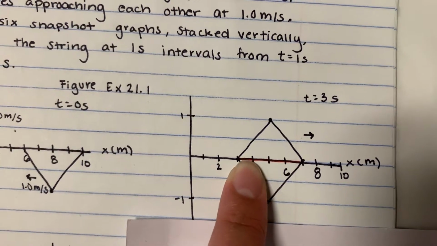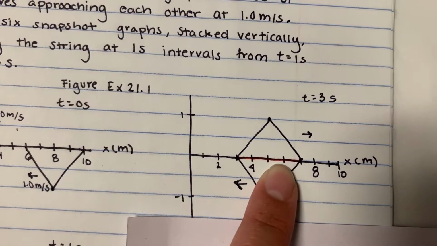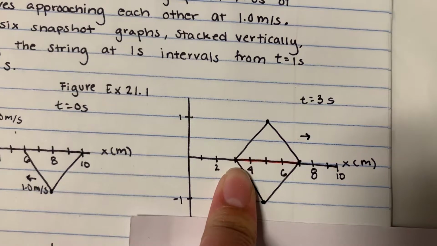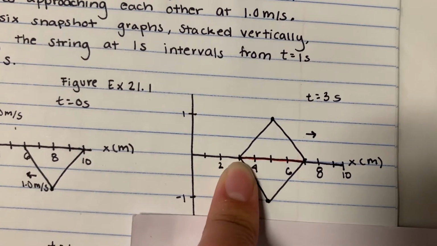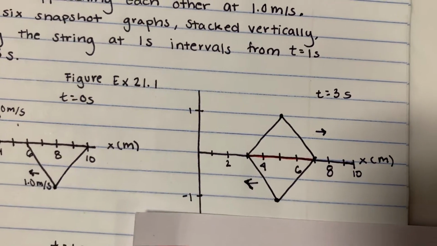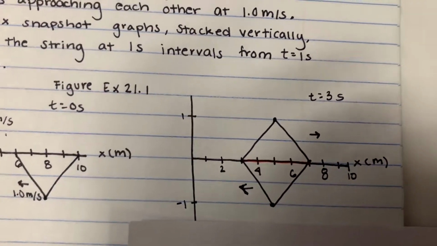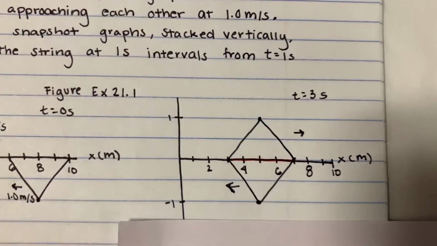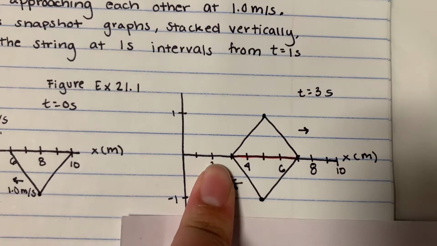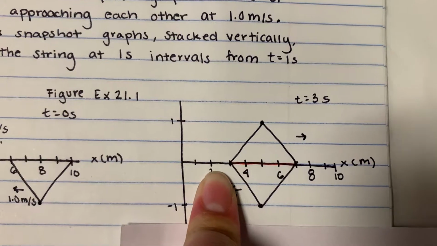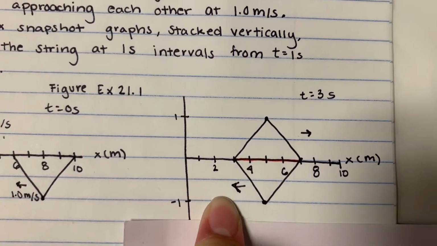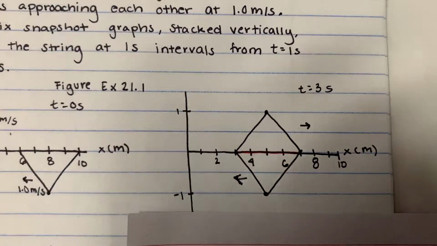The waves cancel each other out because the positive and negative waves are on top of each other. And so this is superposition because the two waves are equal but opposite, so that results in complete cancellation of the wave.